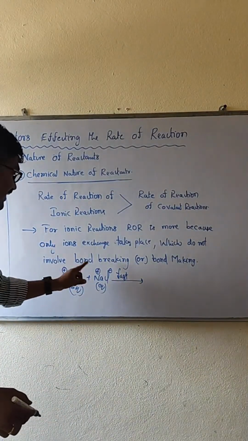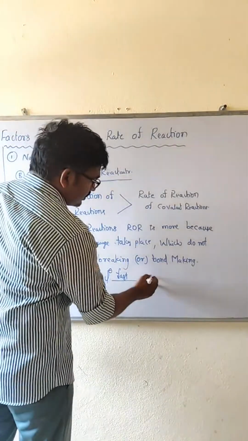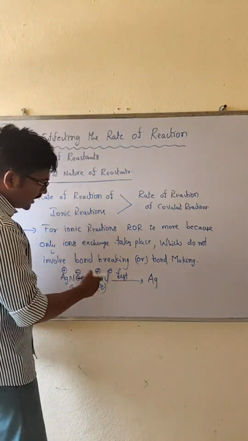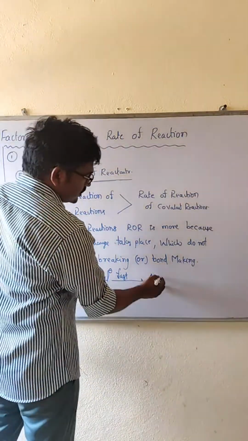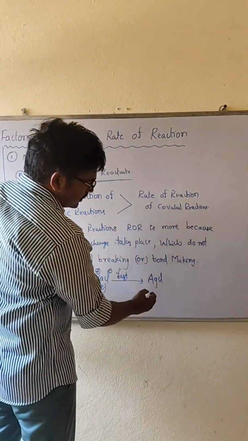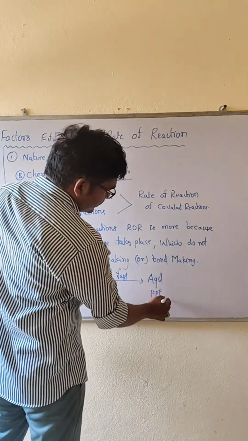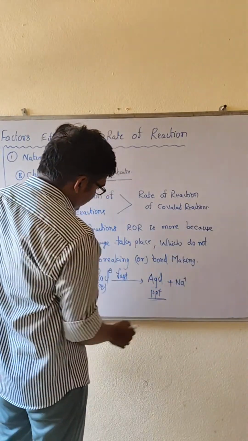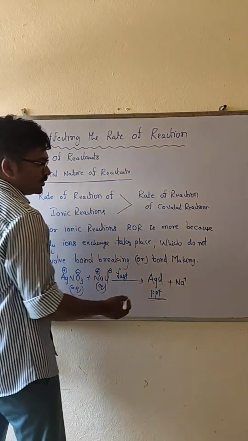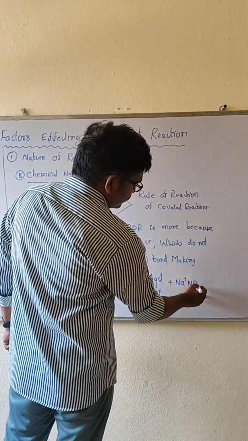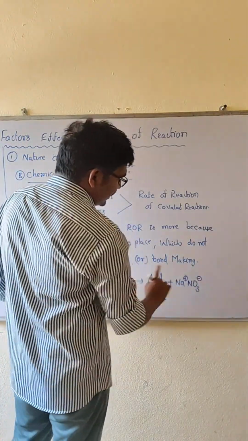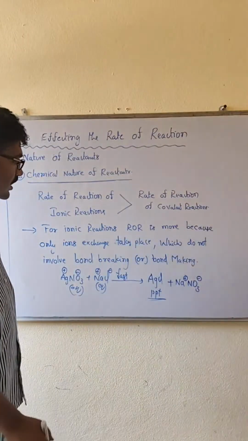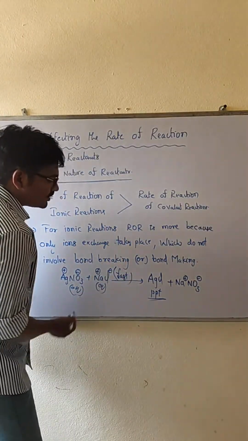Here only ion exchange takes place. Then Ag plus takes the other negatively charged species, that is Cl, and a precipitate is formed. Then the remaining Na plus takes NO3 minus, and NaNO3 is formed. So only ions are exchanged, and that is why this reaction is a fast reaction.